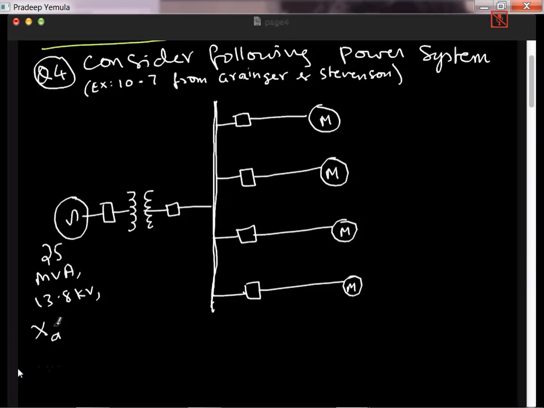So X"d is 15%. The subtransient reactance is given, not the transient reactance, subtransient reactance of 15%.